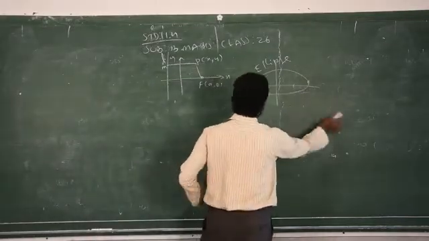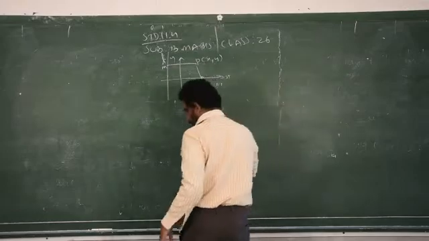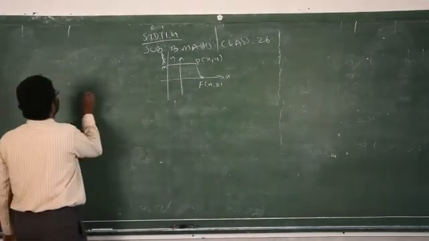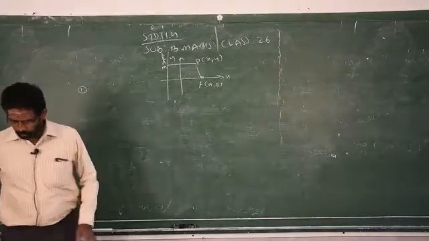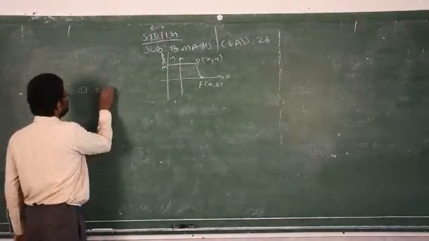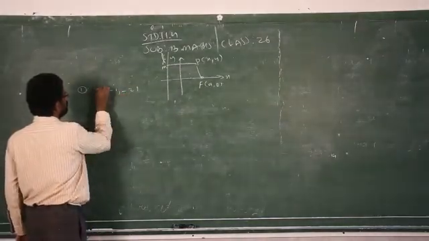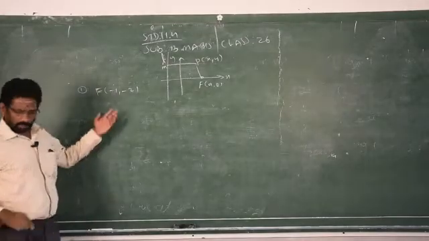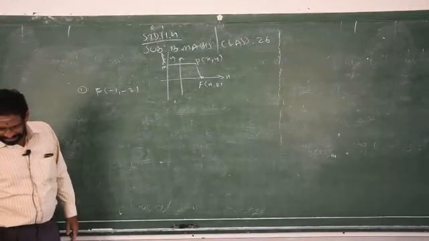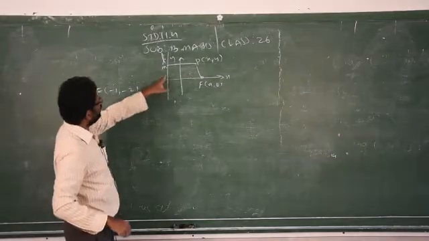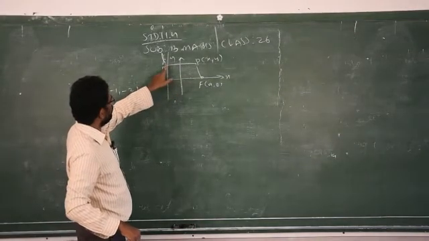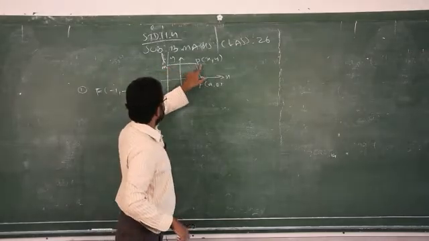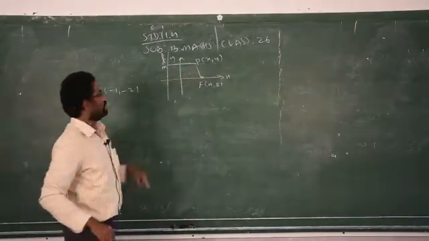So now, based on this diagram, we will see question number 1. Find the equation of the parabola whose focus is given as (-1, -2), focus F. You may take it as S also. Then the directrix. What is the directrix? A perpendicular line from the moving point P (x, y).